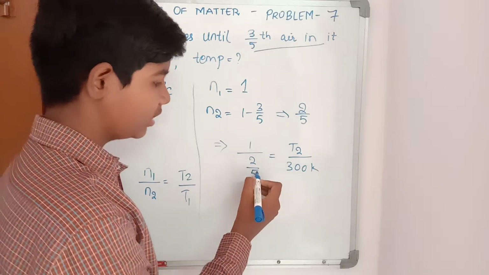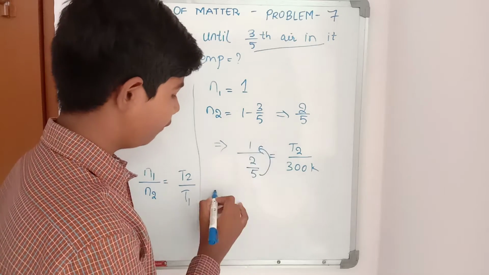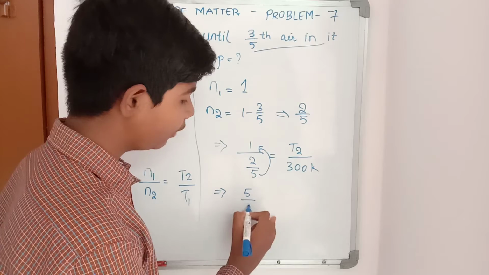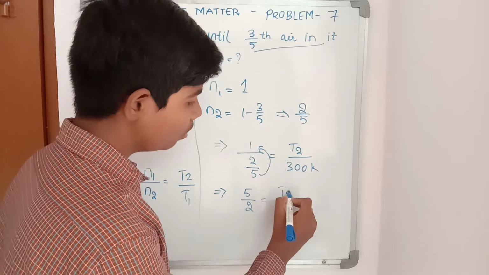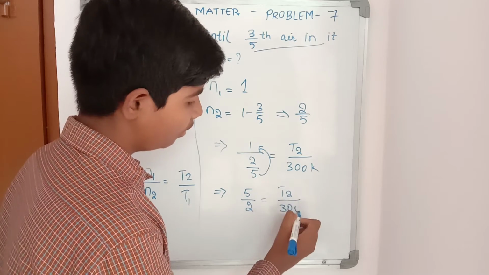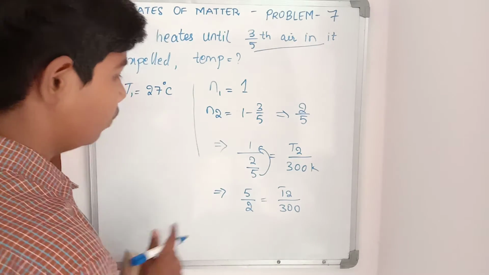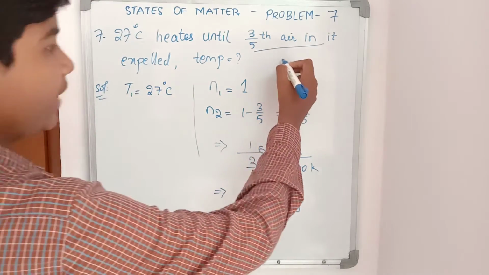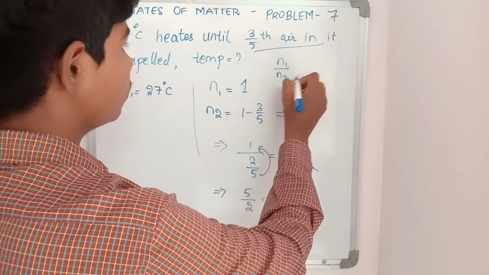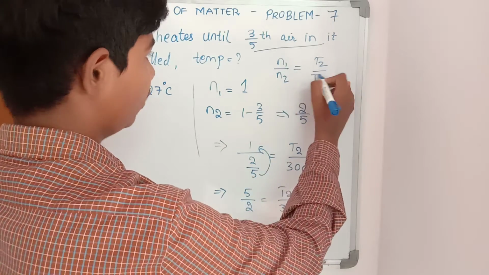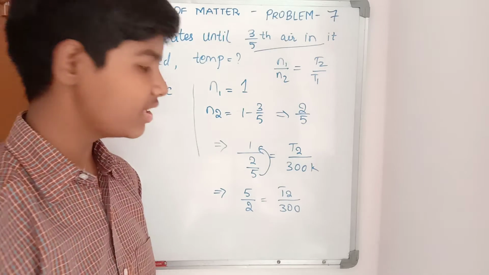Now cross multiplication. 5/2 is equal to T2 by 300. The formula n1 by n2 equals T2 by T1 comes from the ideal gas equation.